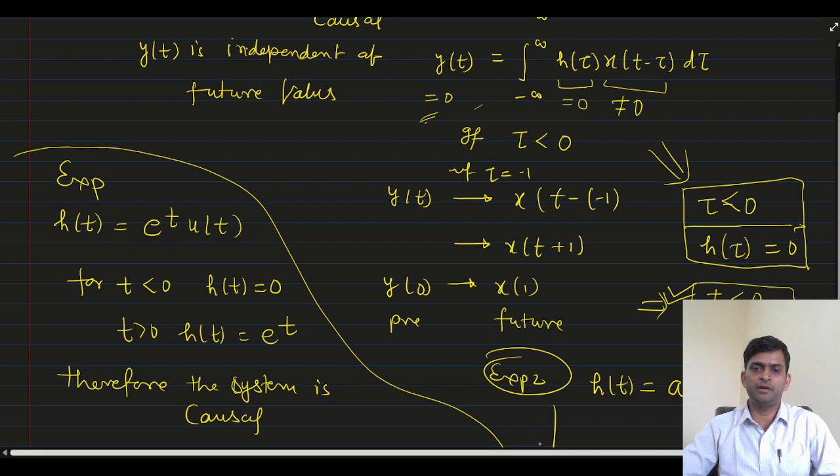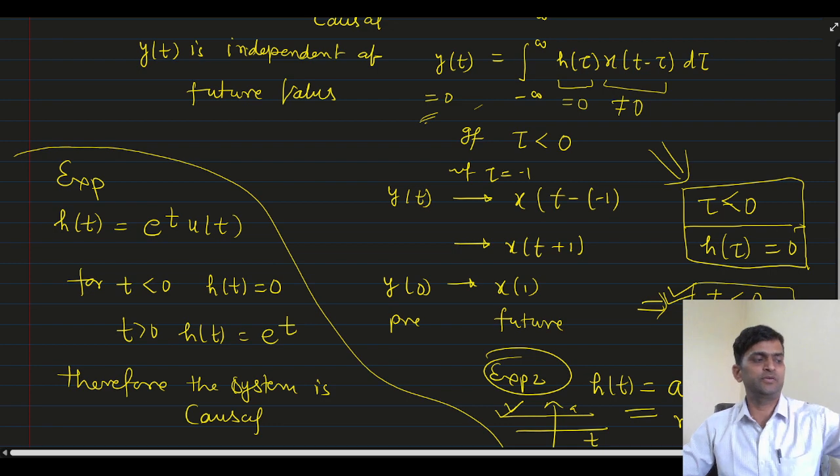So I can draw this as a constant value of a from minus infinity to plus infinity. This response is existing from minus infinity to plus infinity, so it is existing for negative values of t also. Therefore, this system is a non-causal system. The system which has response h of t equal to a is a non-causal system.